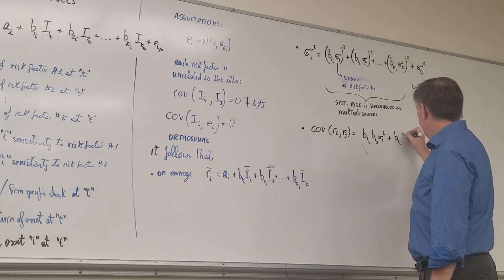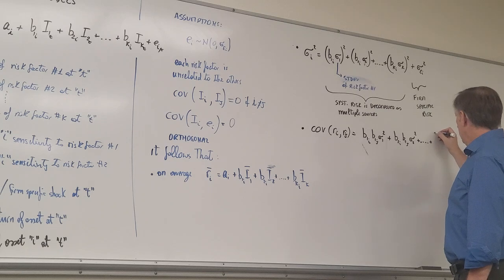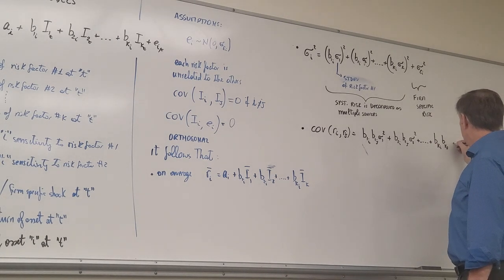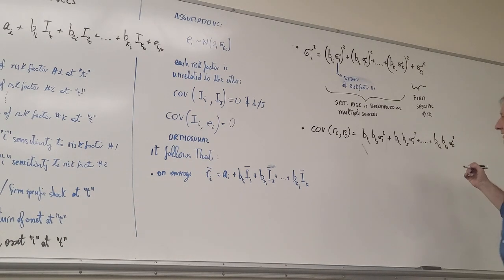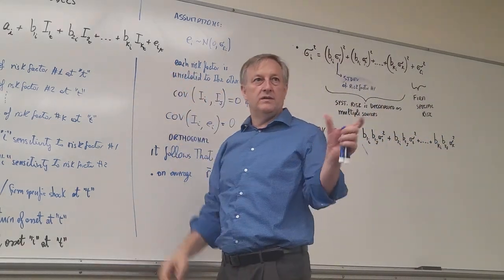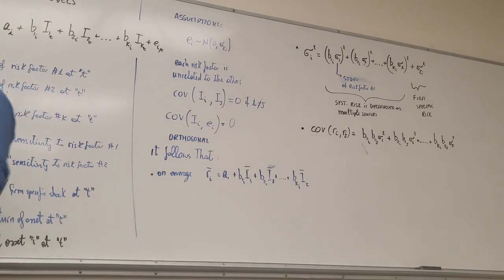Then beta 2 of I, beta 2 of J, sigma 2 squared, all the way to beta K of I, beta K of J, sigma K squared. And what about the firm-specific shocks? What is the covariance between the firm-specific shock of a firm with the firm-specific shock of another? They should be unrelated, so they should not take part of that. Questions?